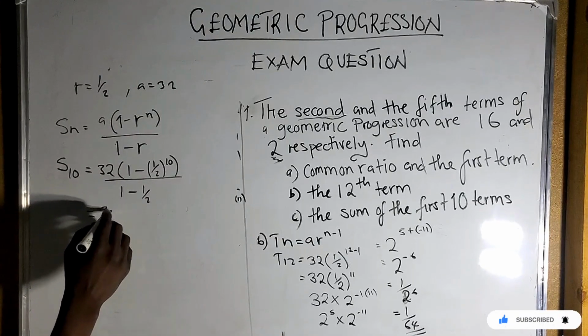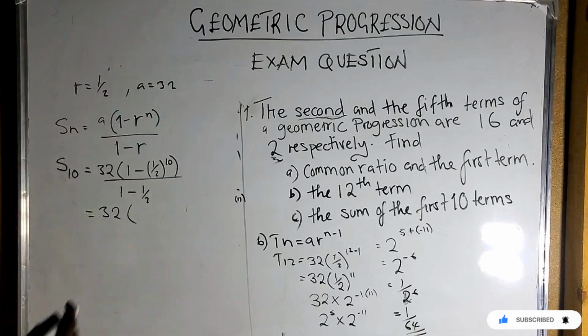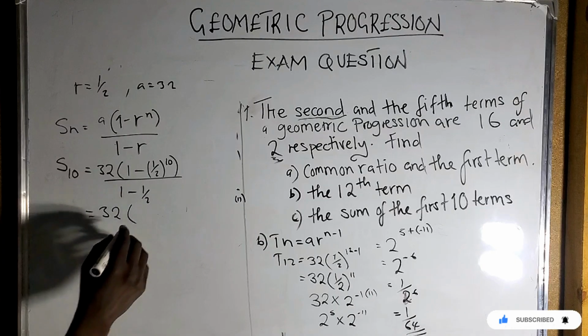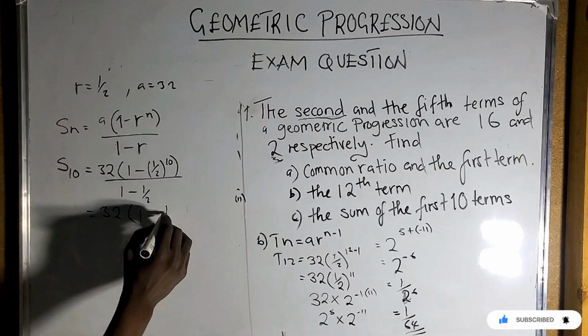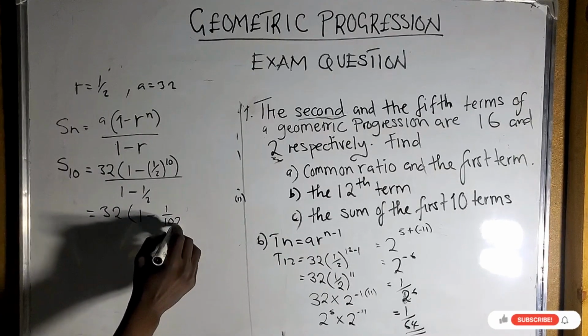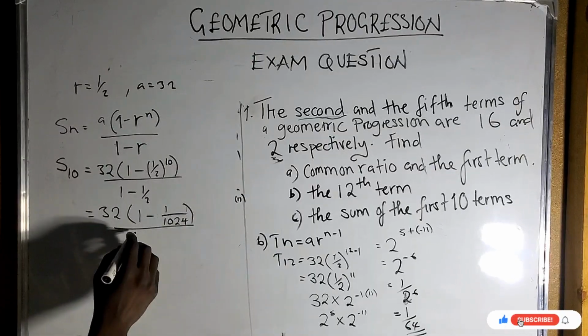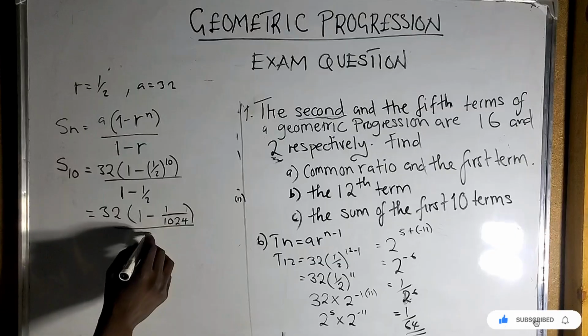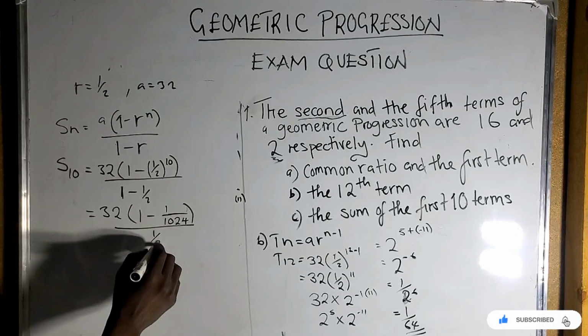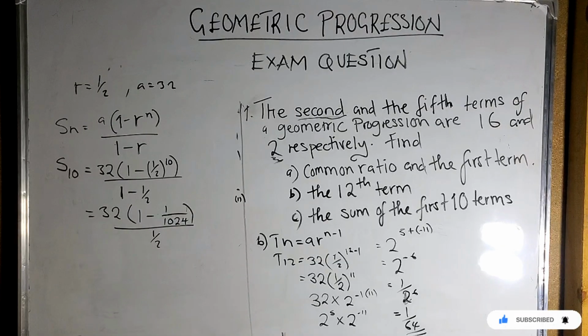When you notice what is inside there, if you just punch your calculator, 2 to the power 10 is 1024. So 1 minus 1 over 1024, over 1 minus half, which is just half.